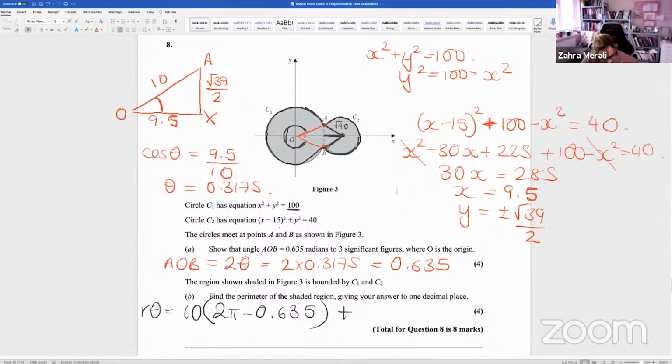So 15 minus 9.5, which gives us 5.5. So in order to find out our angle, we're just going to do cos theta, let's call it beta, equals 5.5 over root 40. We do inverse cos of that. So shift cos 5.5 divided by root 40.